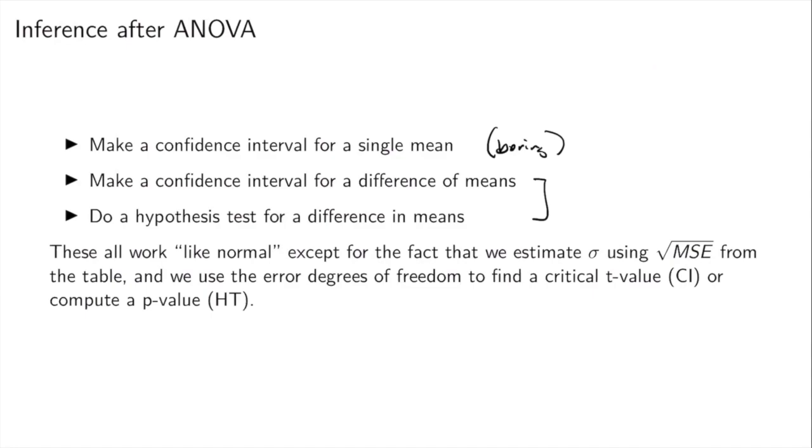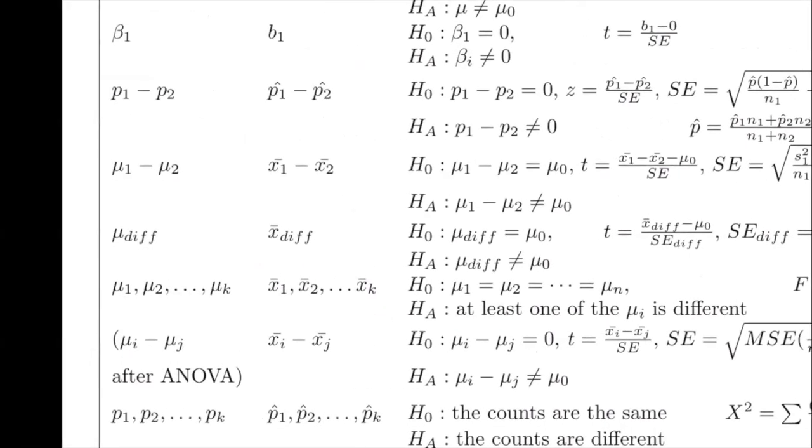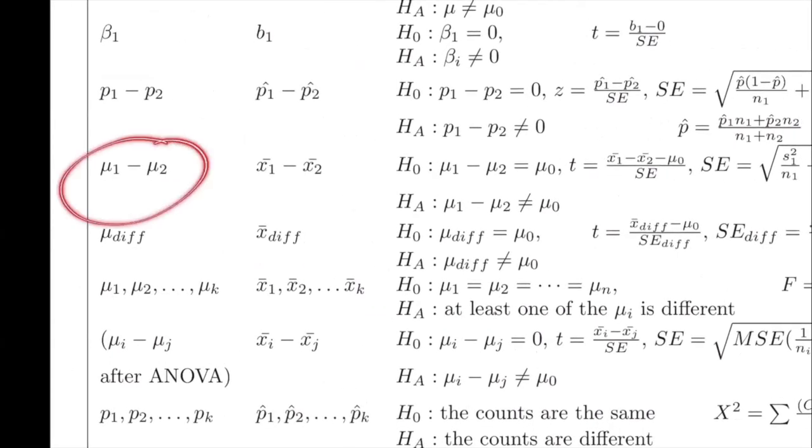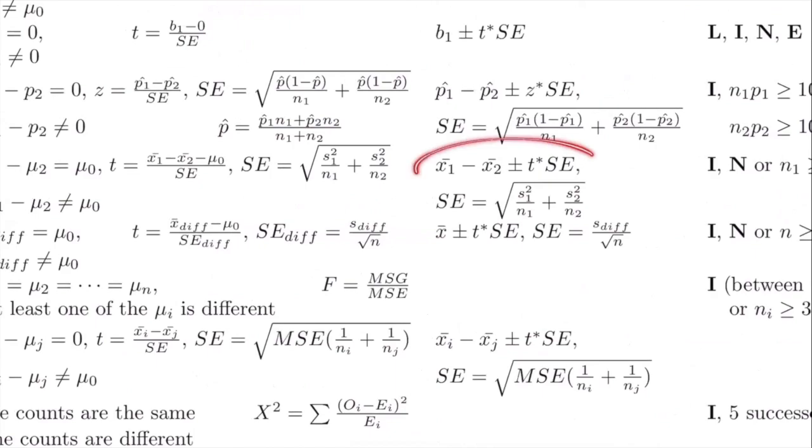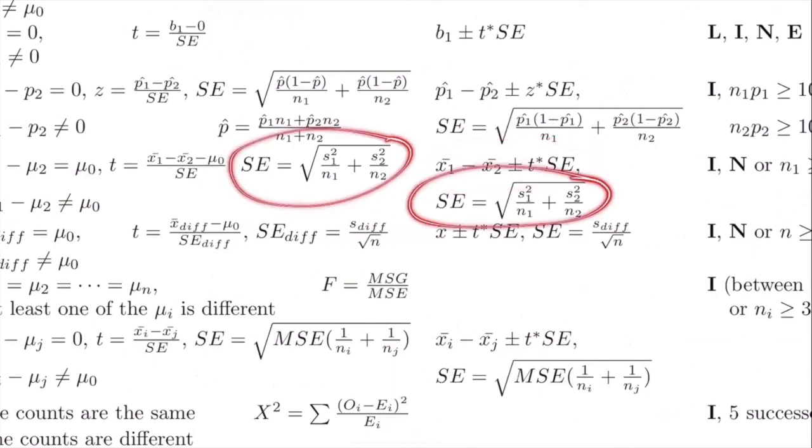If we're going to do those things, they're going to work basically like the way that we did them on the cheat sheet. When we were doing inference for a difference in means, we found a t value for our hypothesis test, or we did a confidence interval like that, and we had these ways to compute the standard error.